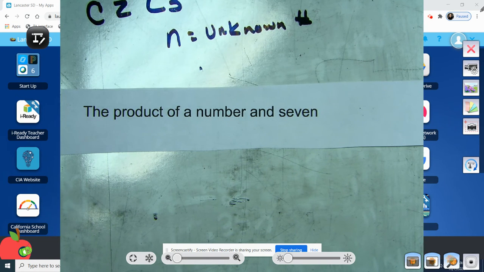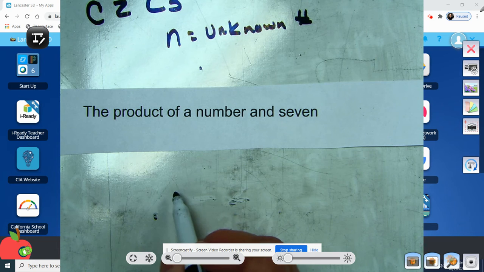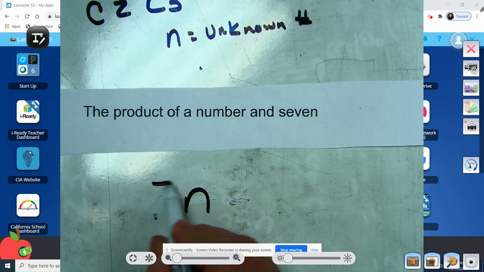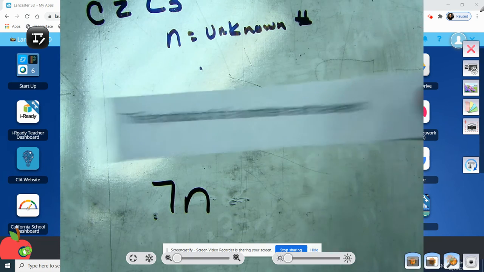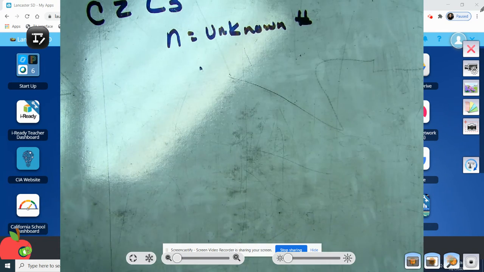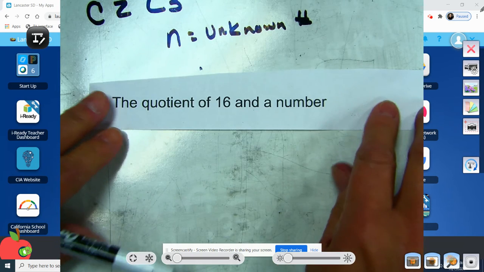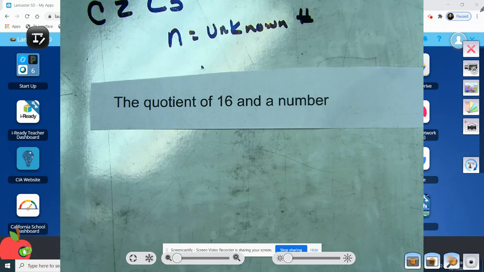The product of a number and 7. Product means multiply. In math, we write the number in front of the letter, not the other way around. Even though it said it backward, you still write the number first. The quotient of 16 and a number.